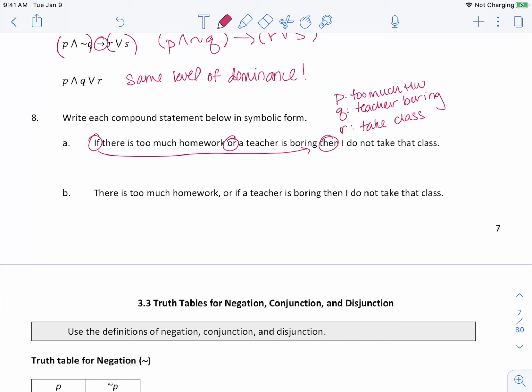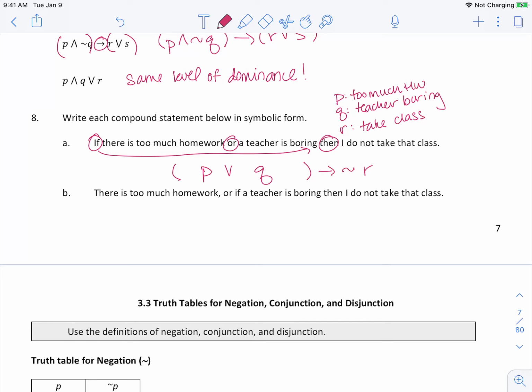So if I'm looking at my connectives here, I have an or, my if then is here. The if then is more dominant, which means I'm going to put this first part in parentheses. So too much homework is P, teacher is boring, Q. So I have P or Q in parentheses. Then I do not take the class. This is going to be tilde R or not R.